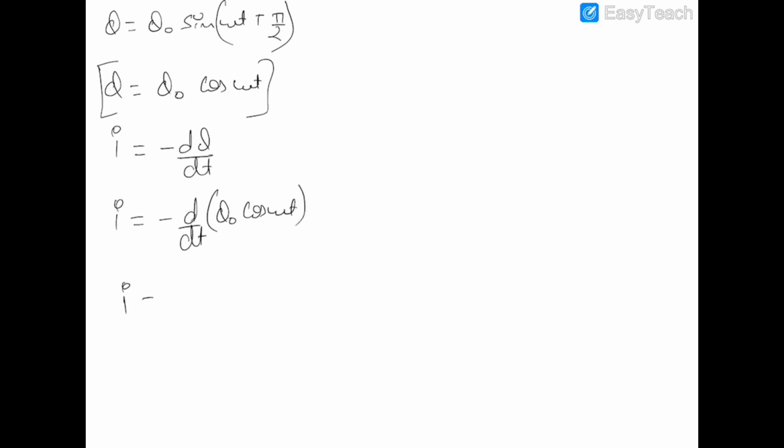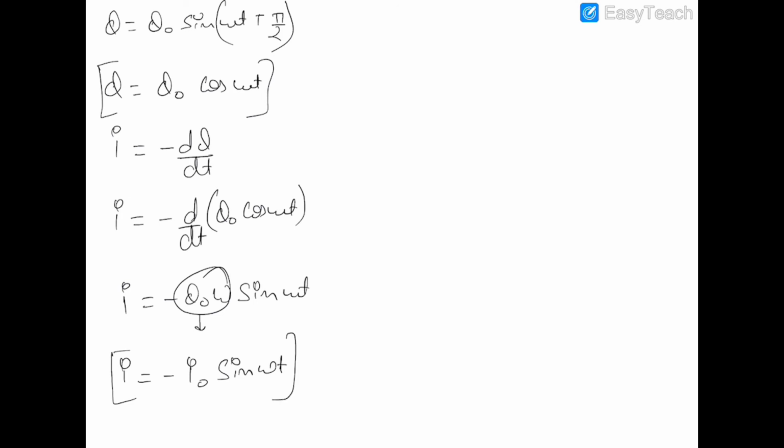The differentiation of cos omega t will be minus sin omega t, so it is minus q naught omega sin omega t, and this term q naught omega is the maximum current. So it is minus I naught sin omega t. So this is the equation of charge, and this is the equation of current.